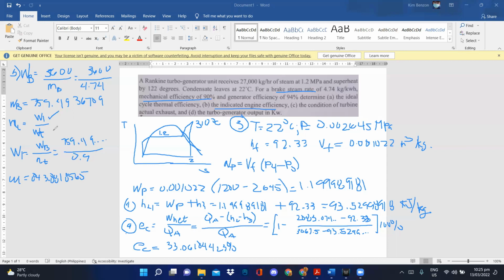Wala pa tayong, ngayon, makukuha na natin yung efficiency.